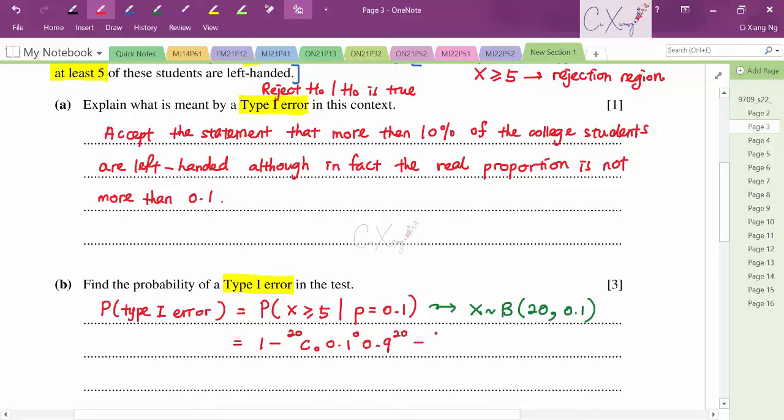Then you have to minus X equals 1, where I have 20C1, 0.1 power 1, 0.9 power 19. So we have to minus from X equals 0 until X equals 4 by using the binomial formula, and we have 20C4 here.